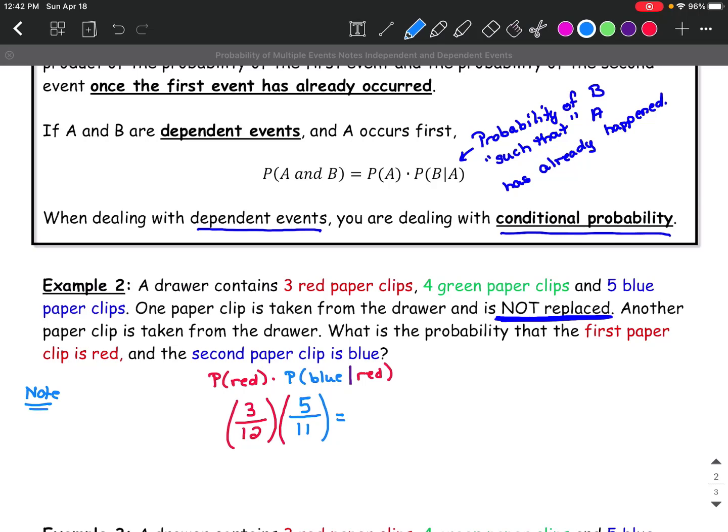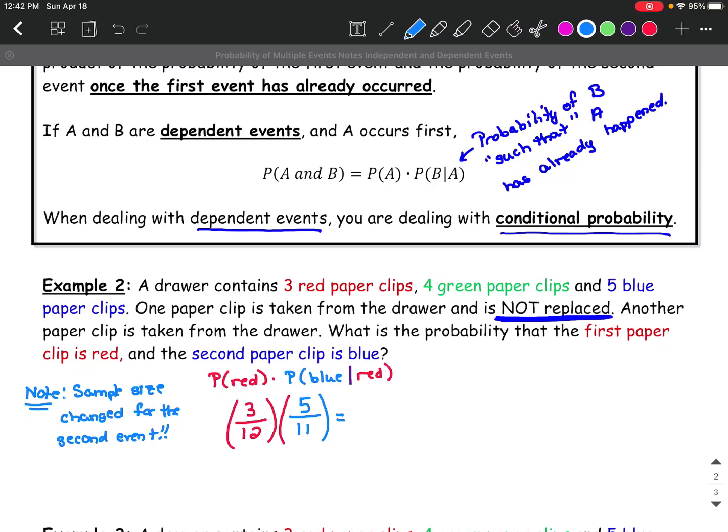Because it was not replaced, the sample size changed for the second event. And that's how its probability was affected by the first one happening. Okay? Because the red already happened and is no longer in the drawer, there aren't 12 paper clips anymore.